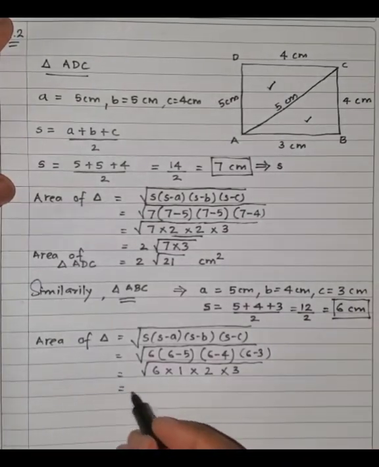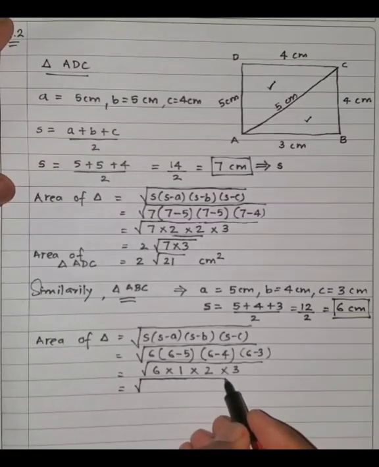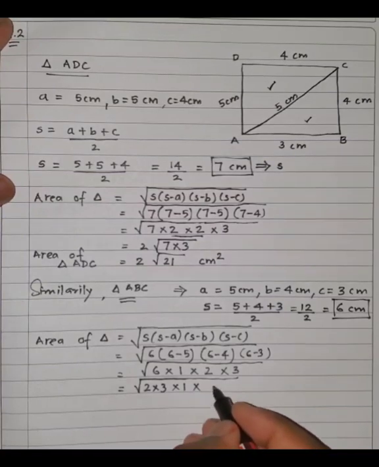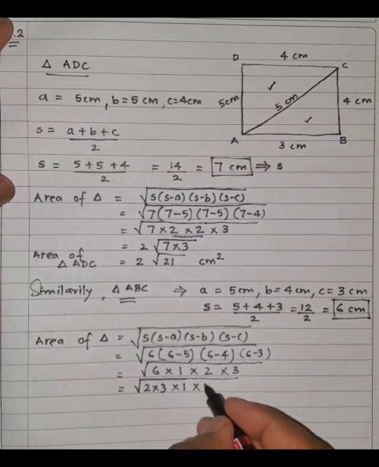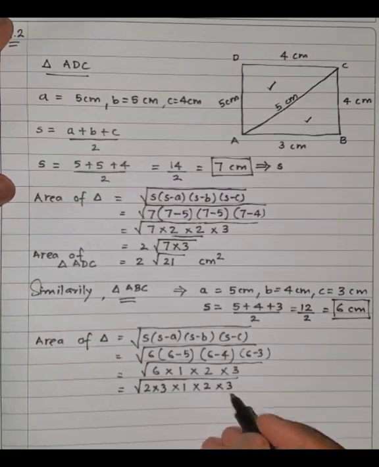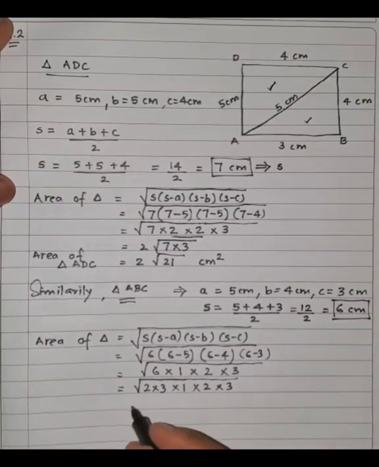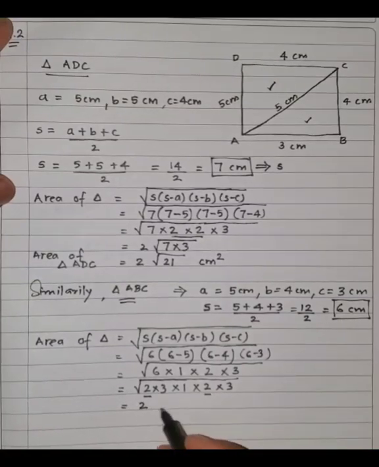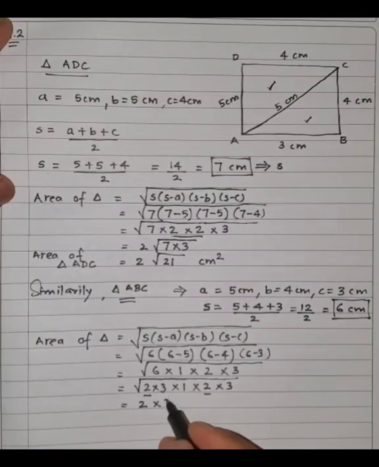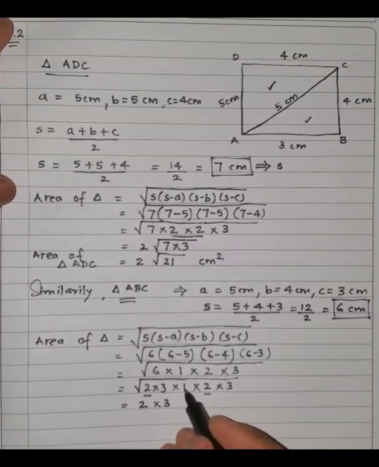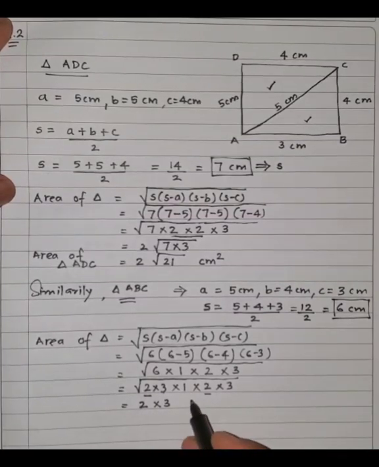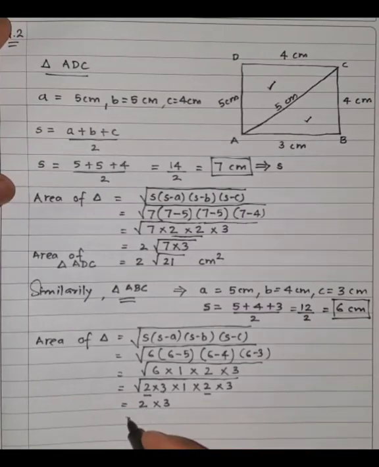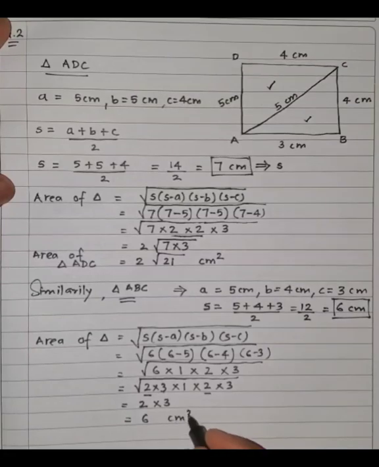Now the next step is prime factorization. I know that 6 can be written as 2 into 3, 1 itself, 2 is also a prime number, 3 is also a prime number, so they cannot be further prime factorized. The next step is making pairs. 2 makes up a pair, 3 makes up a pair, and 1 is a perfect square. So nothing is left out in the square root. So what we have right now is 2 into 3, which is 6 centimeter square.